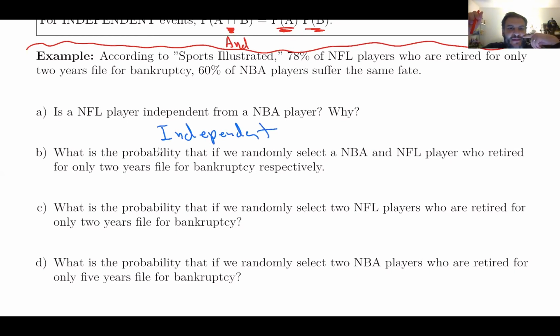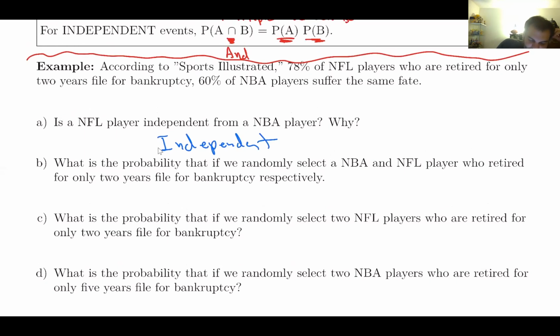Cool. So this one says, what is the probability that if we randomly select an NBA player and an NFL player who retired 2 years ago, they file for bankruptcy respectively? So let's go ahead and do this.